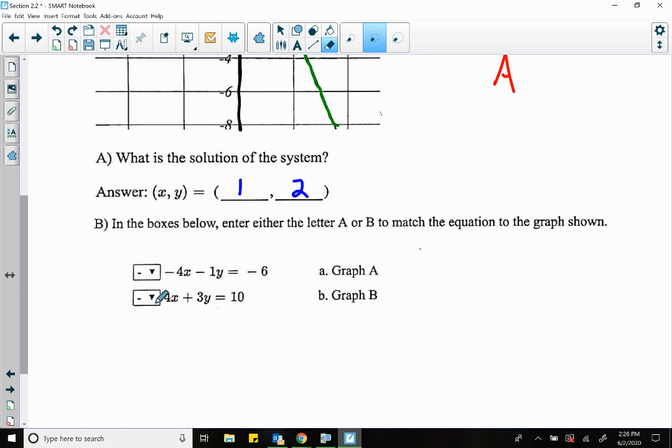Here is A. So you click on the drop-down menu, and you select A for this one. If this guy's A, then that means this one right here is automatically B. Once you know one, you automatically get the other.